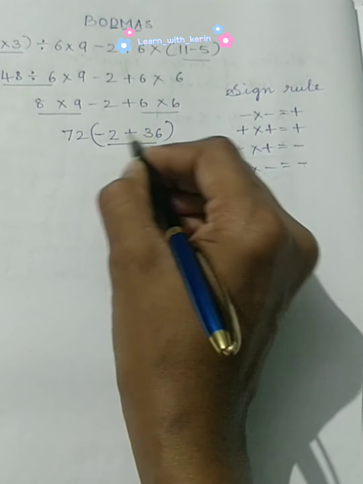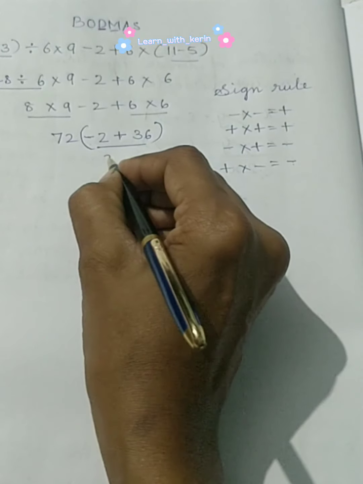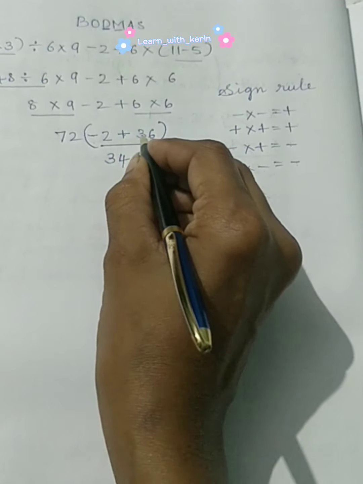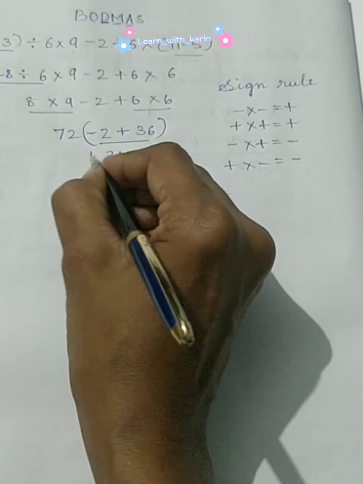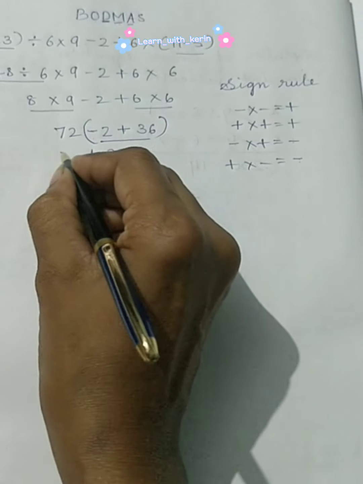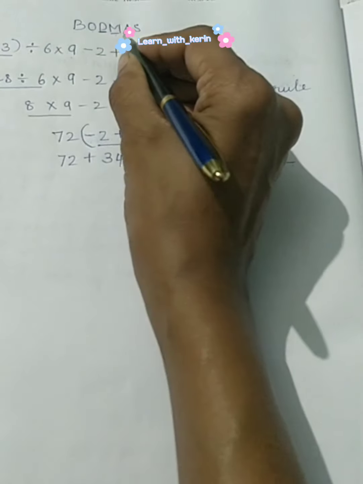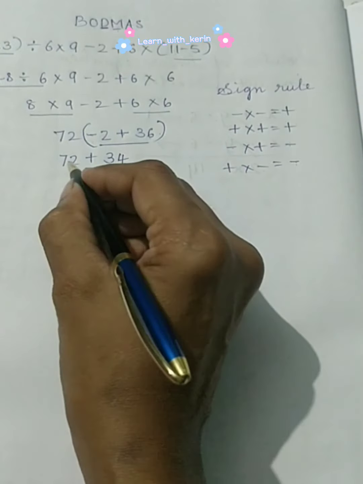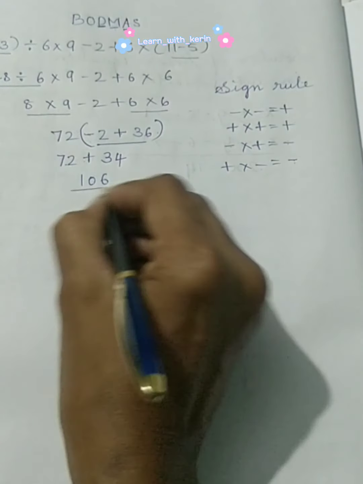If you subtract 2 from 36, the answer will be 34. But we have to put the bigger number's sign here. The bigger number is 36 and the sign with 36 is plus. We have to put plus. 72 we will write as it is. Now we have solved this part based on addition. There are no more subtraction sums here. Only addition is there. Let us solve. 72 plus 34 is 106.